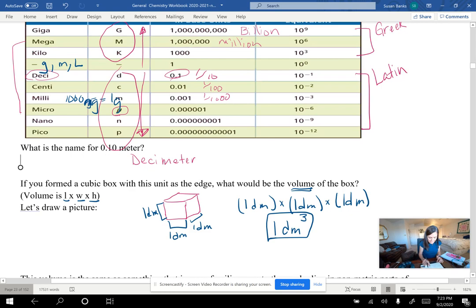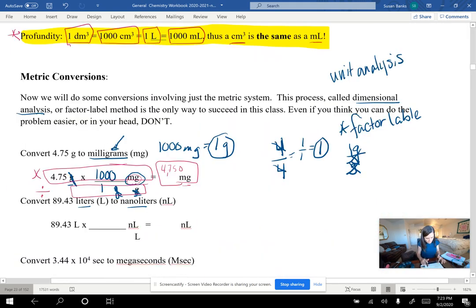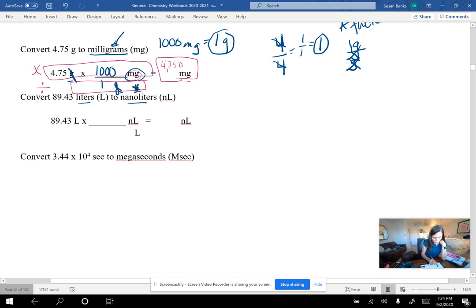So I would need a billion. So in 1 liter, I would have a billion or 10 to the 9th. So notice I took that negative and took it off because I would need 1 billion of those tiny, tiny little nanoliters to make 1 liter.